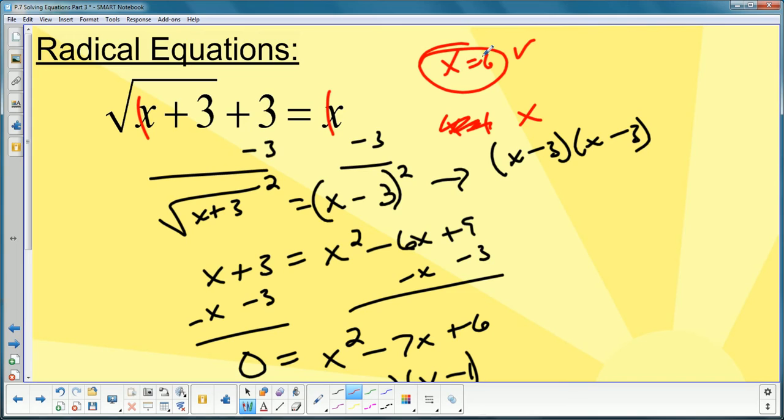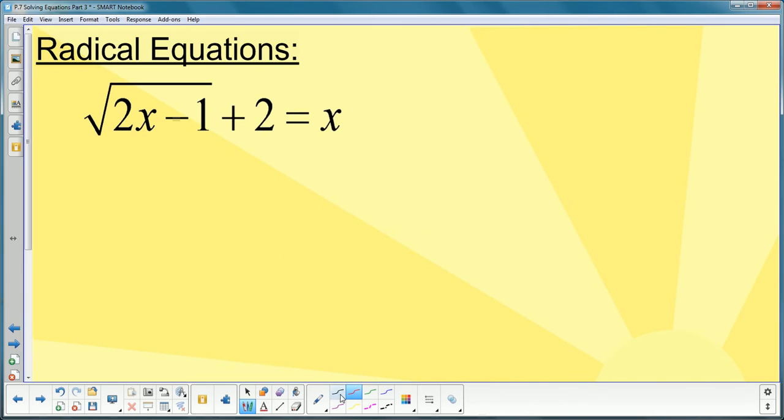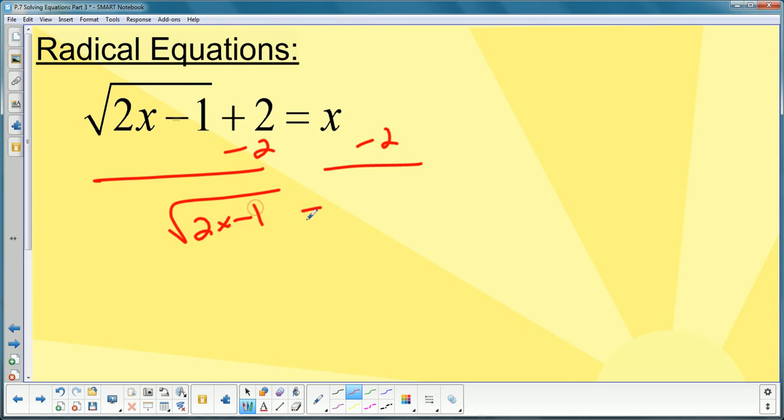So on these, the big thing is you need to make sure you go back and plug them in to check. Okay, the second example here, again, I'm going to isolate my radical by subtracting 2, which is going to leave me with the square root of 2x minus 1 equals x minus 2. And I go ahead and put that in parentheses because now we're going to square it, which leaves me with 2x minus 1 on this side.